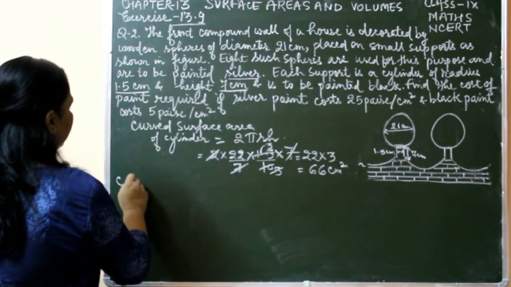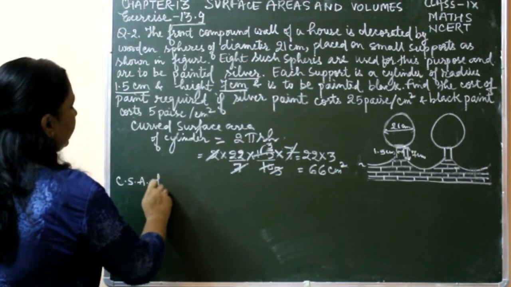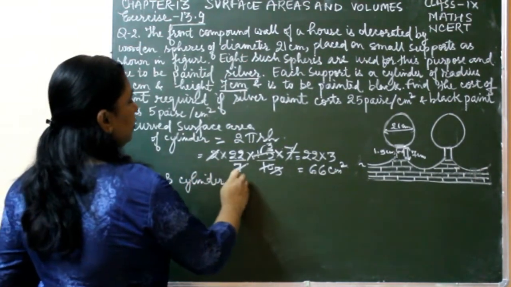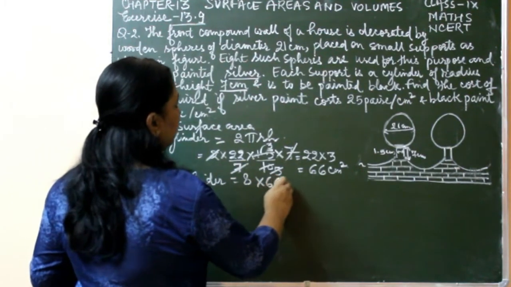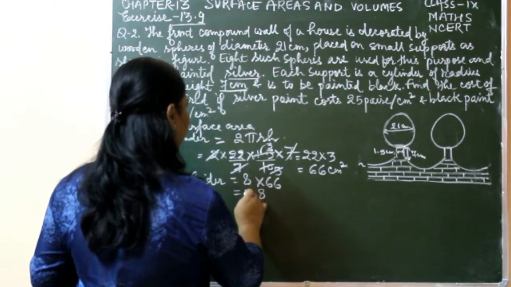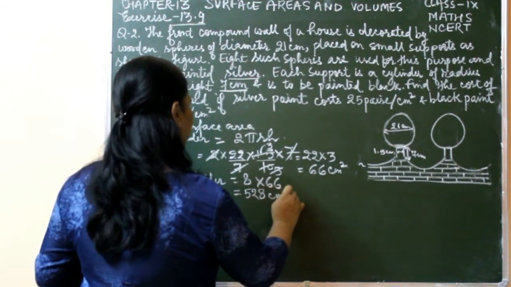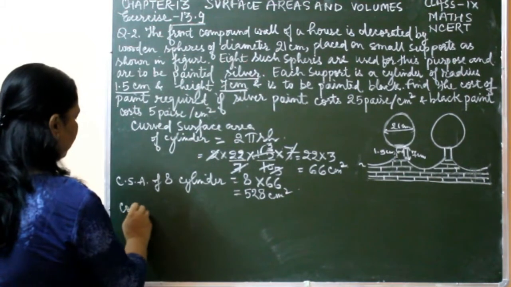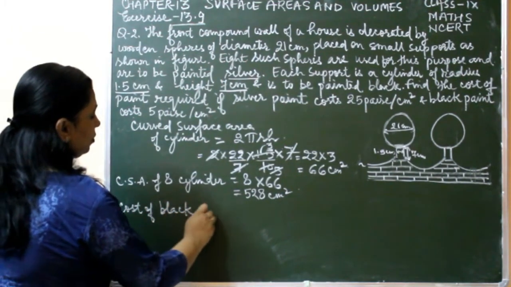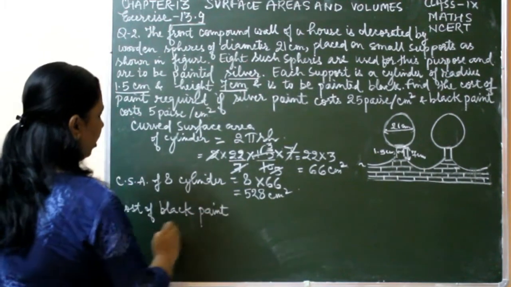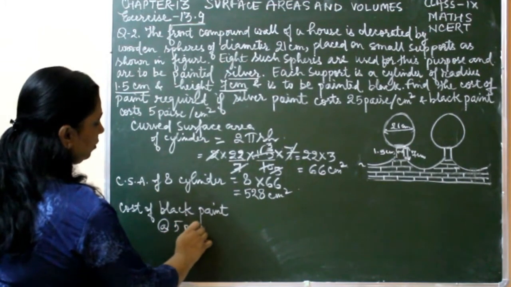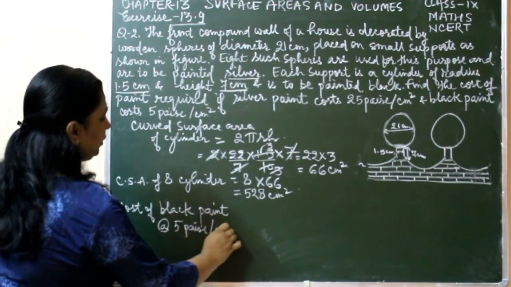So how many cylinders are there? 8 cylinders. So this is equal to 8 into 66, which is equal to 8 6 are 48, 528. The cost of black paint at the rate of 5 paise per centimeter square.